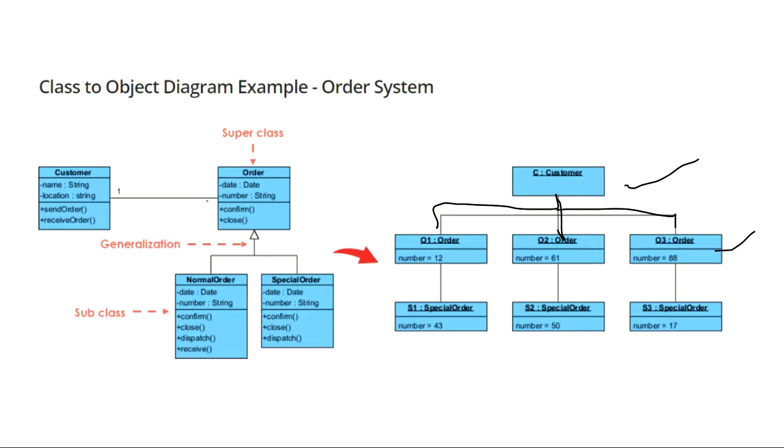And suppose nothing is written in the customer, then also it means that it is an instance or a particular object of a class. But you cannot write just name here.